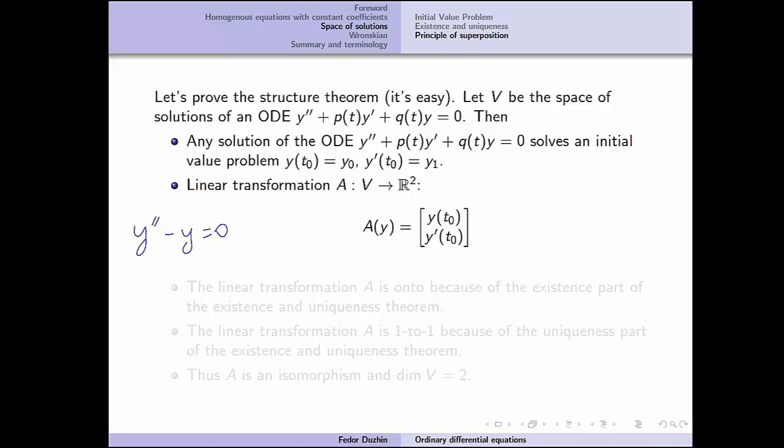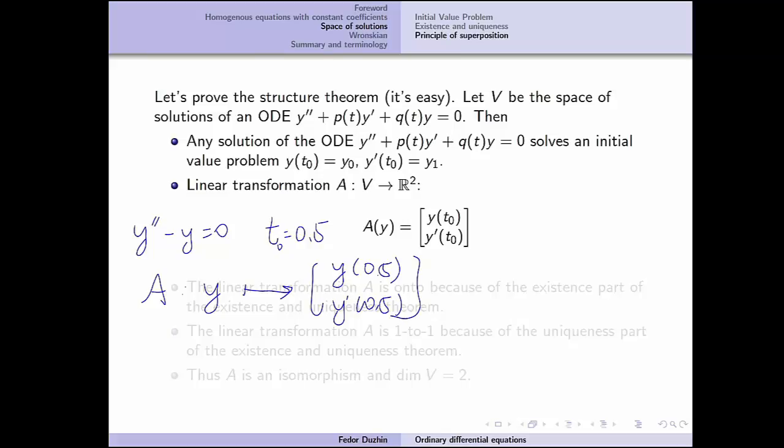Suppose that my t0 is, for example, 0.5. Then my A sends every y to the corresponding pair of numbers, which is y of 0.5 and y prime of 0.5.